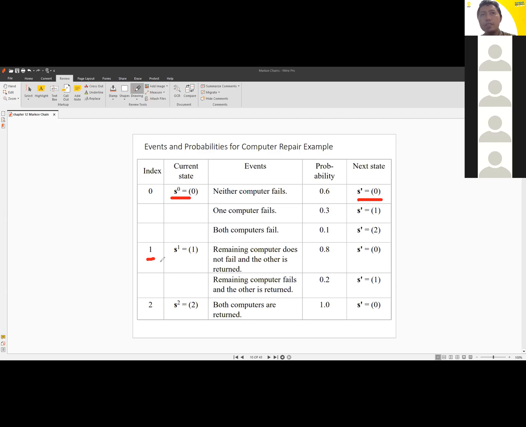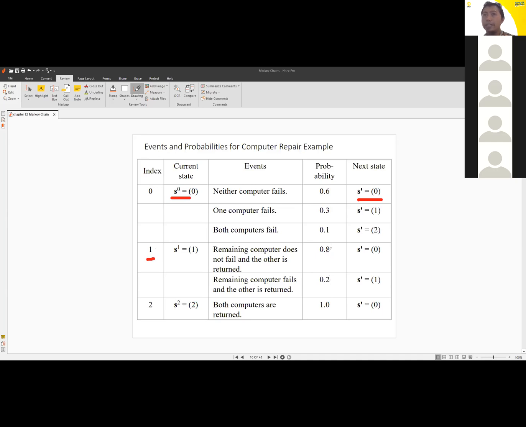So move forward to index 1. Index 1 represents that only one computer exists in the office. So the event could be: the remaining computer does not fail and the other is returned, or the remaining computer fails and the other is returned. The probability is 0.8 and the other is 0.2.